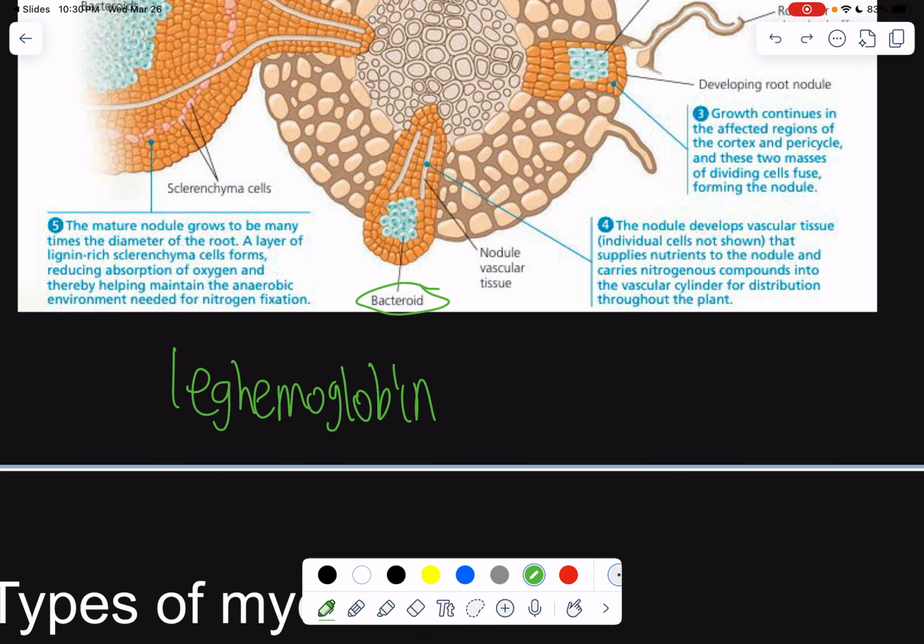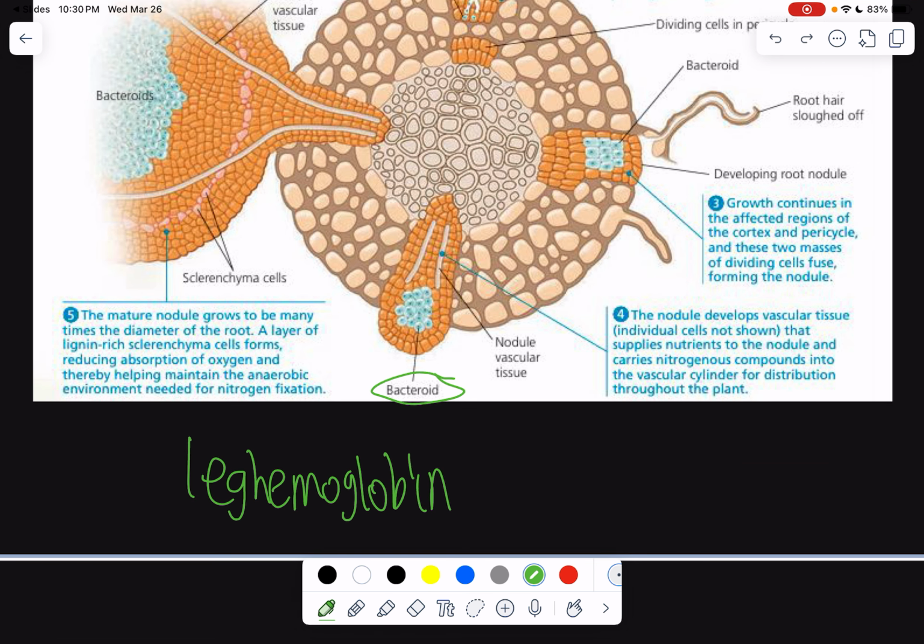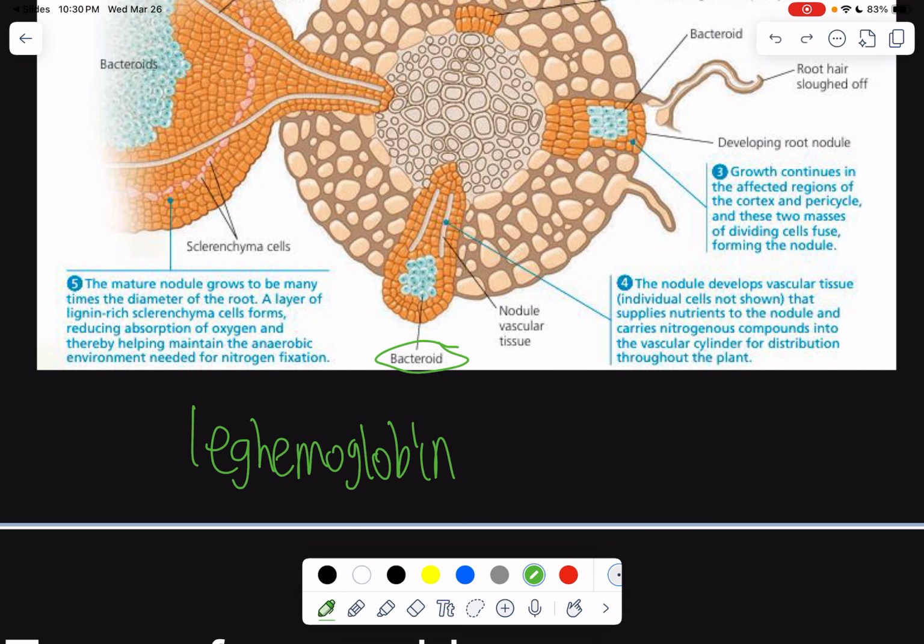And you're right, I'm pretty sure that this heme group, the iron-containing group of this protein that binds reversibly to oxygen, is very similar to the hemoglobin in our own red blood cells. Anyways, this red protein is an oxygen buffer, reducing the concentration of free oxygen and thereby providing an anaerobic environment for nitrogen fixation while regulating the oxygen supply for the intense cellular respiration required to produce ATP for nitrogen fixation.